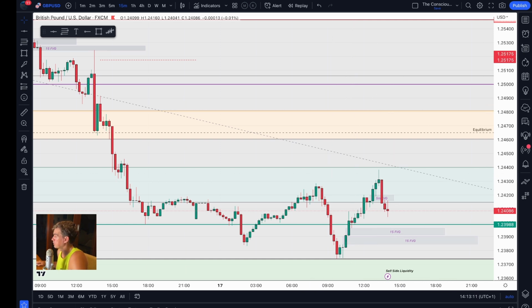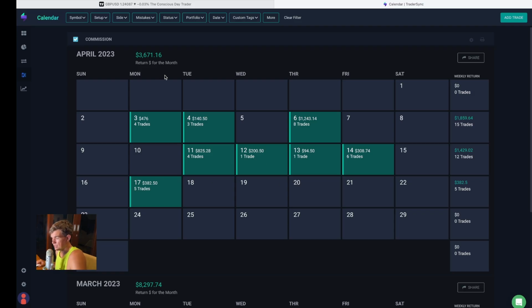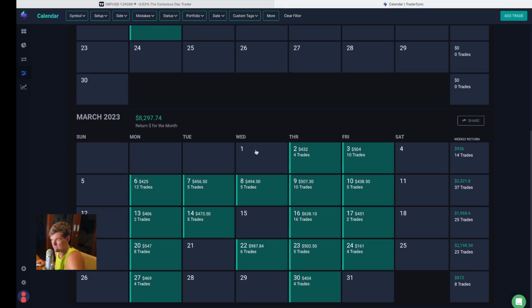But if we go on to our trade sync, this is currently our month. We're currently running just below 4K. We've had a little bit of a lower month than last month. Obviously we had some good weeks in there. We hit 8K, and I deleted the data from the previous because Fivers, unfortunately, when you pass the challenge, you can't download your trades, which I actually need to ask them.